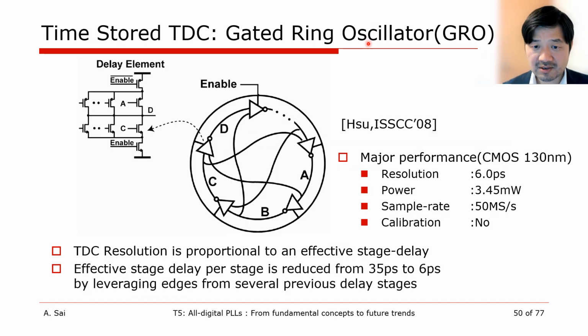In addition, this TDC is also devised to reduce the inverter delay of the ring oscillator by multipath. Each stage input of the gated ring oscillator shown here is connected to a combination of the previous delay stages.